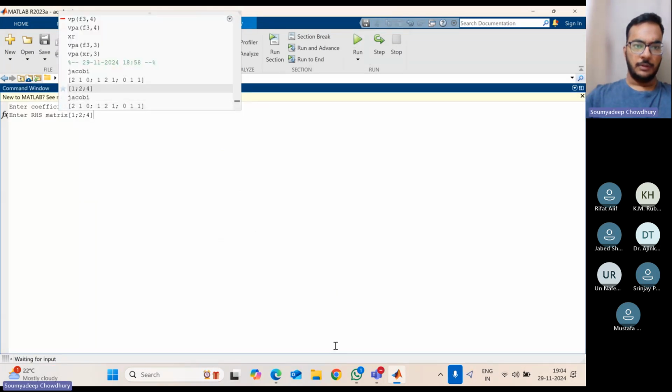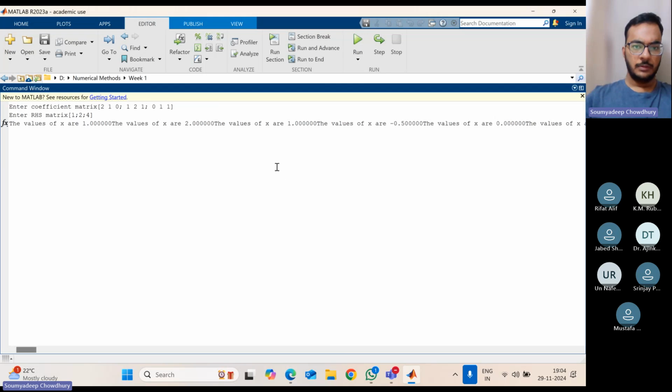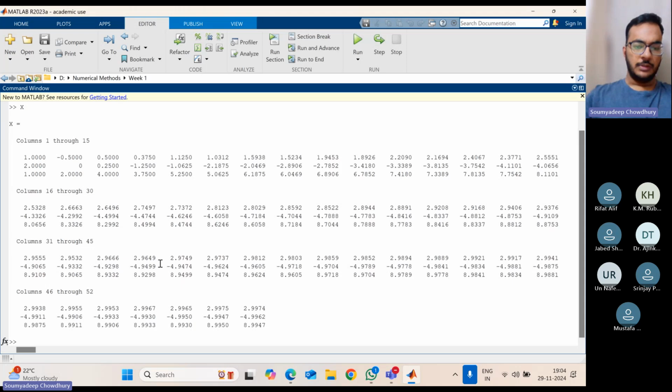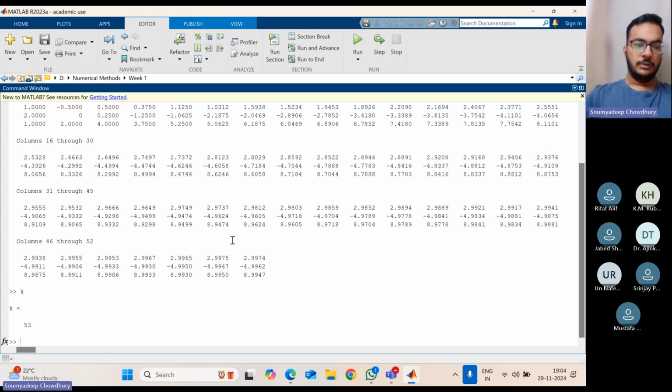So this is the coefficient matrix, this is the source matrix. We'll see the values here. So this is the value of x, and we will be seeing how many iterations. So you can see the value of k as 53, which shows the number of iterations.